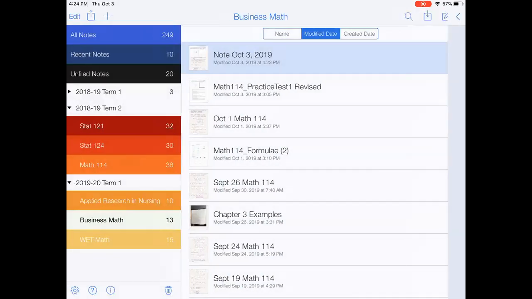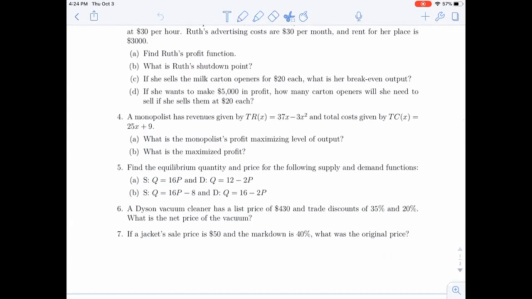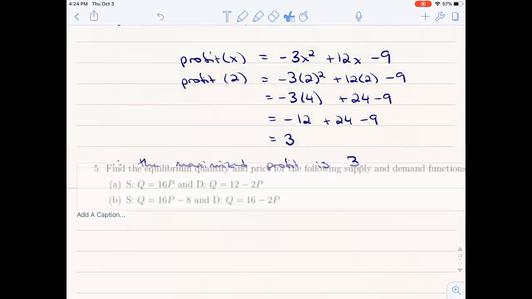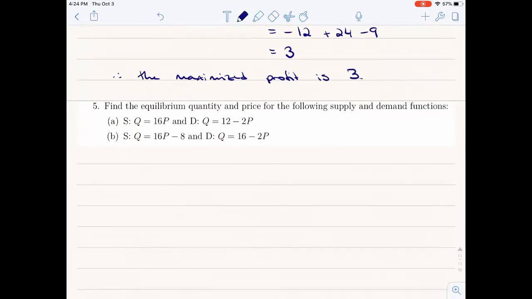All right, which question are we on here? Oh, 5, right? Five is actually easy enough, except a lot of people forget that you have to solve for the quantity and price.